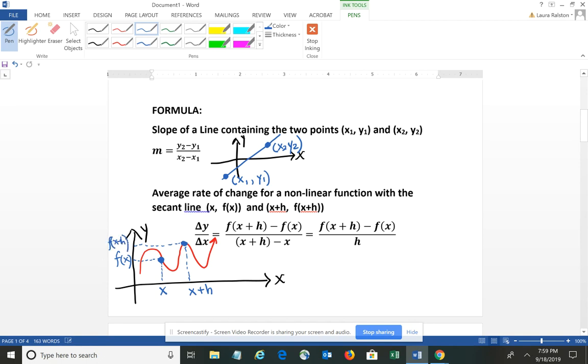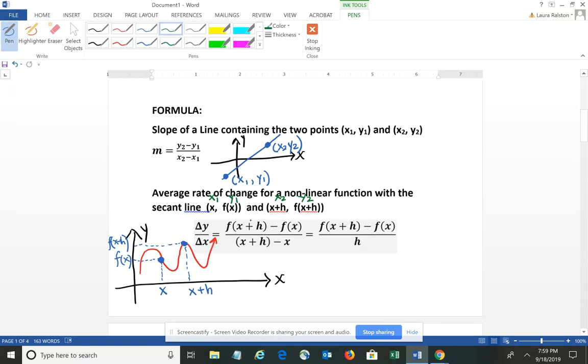So you really end up with 2 ordered pairs. You have the ordered pair x and f of x. Well, that's like having x1, y1, and x2, y2, so that virtually this formula here, this little delta stands for change in, so it's the change in y compared to the change in x.